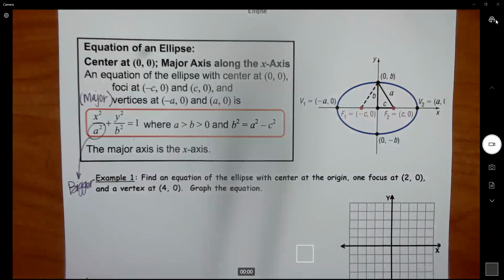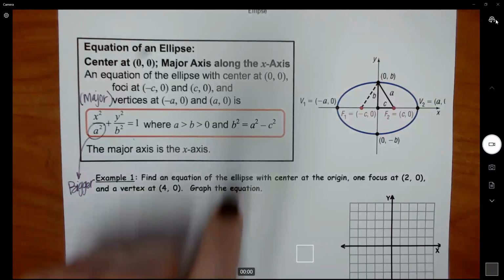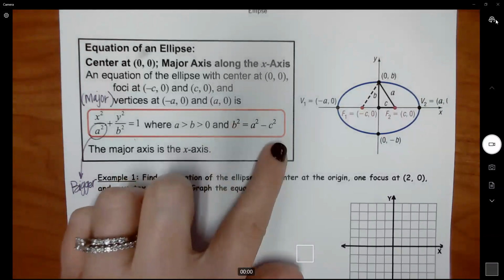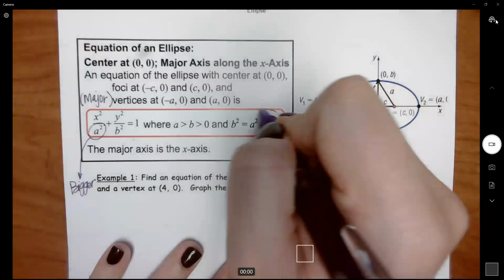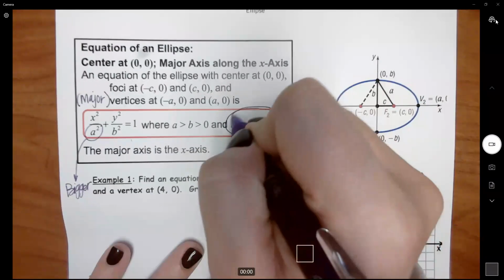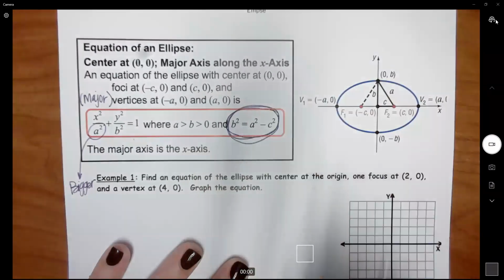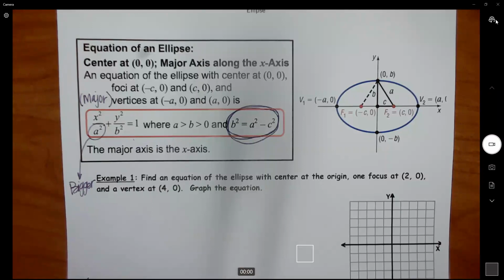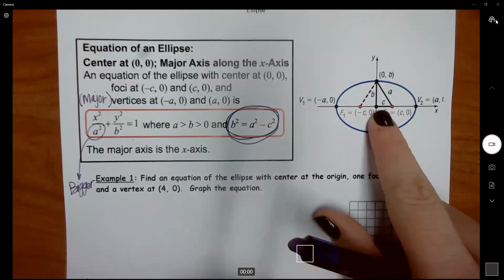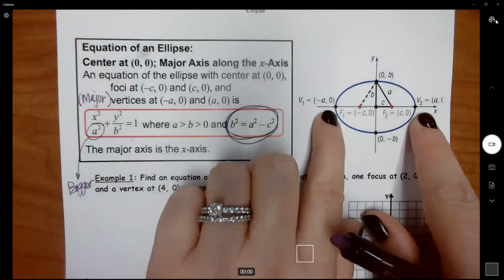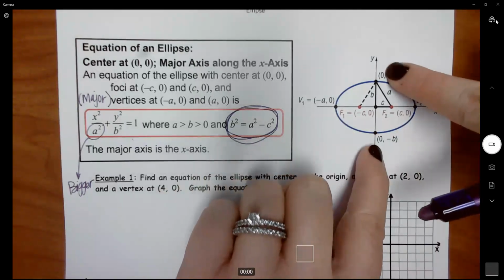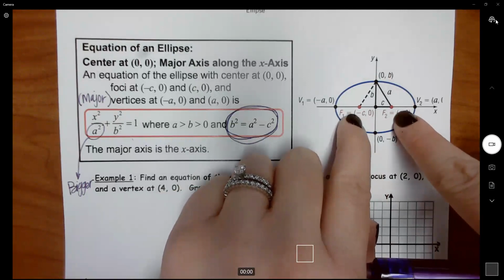Very, very rarely do they give you everything you need. So this formula here is what you will use to find whatever piece of missing information that you're lacking, because we need everything when we graph. We need the center, we need the major vertices, the minor vertices, and your two foci.